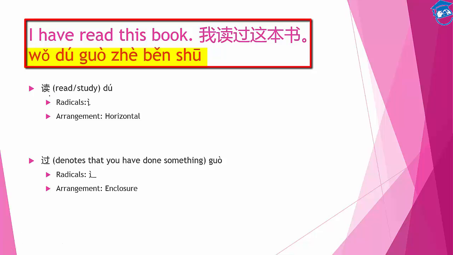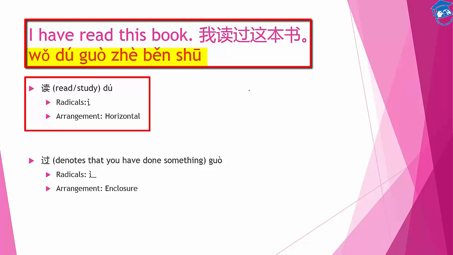Again, this is 读. It means read, but it's reading more carefully, so it can be related to study. You are studying this book. This is the pinyin 读. The radical is the one that denotes the speech act. The arrangement is horizontal, as you see, a left and right component.